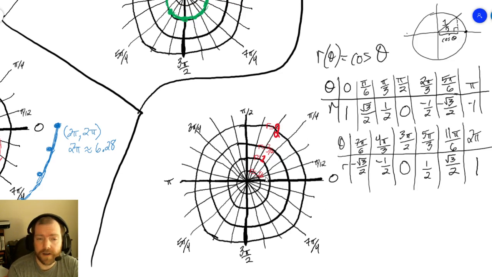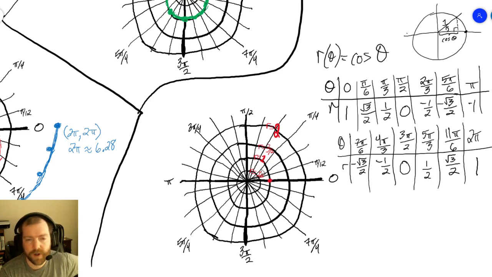All right, so at an angle of theta equals 0, we get a value for the radius of 1. So we're out to 1 right here. At pi over 6, which is here, 2 lines out, we have a value of root 3 over 2, which is 0.866.